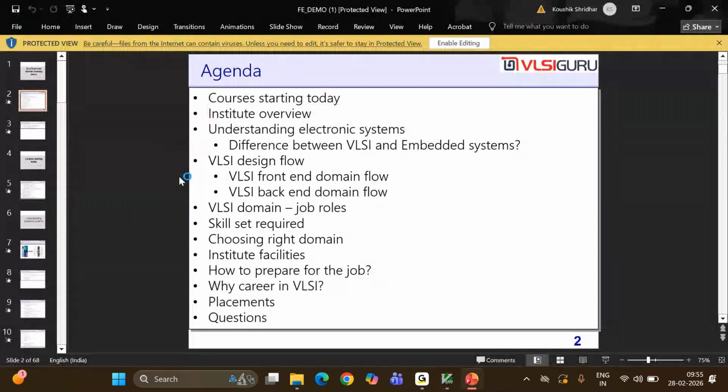Coming to the institute overview, VLSI Guru has been training candidates to get into the industry for the past 15 to 20 years.